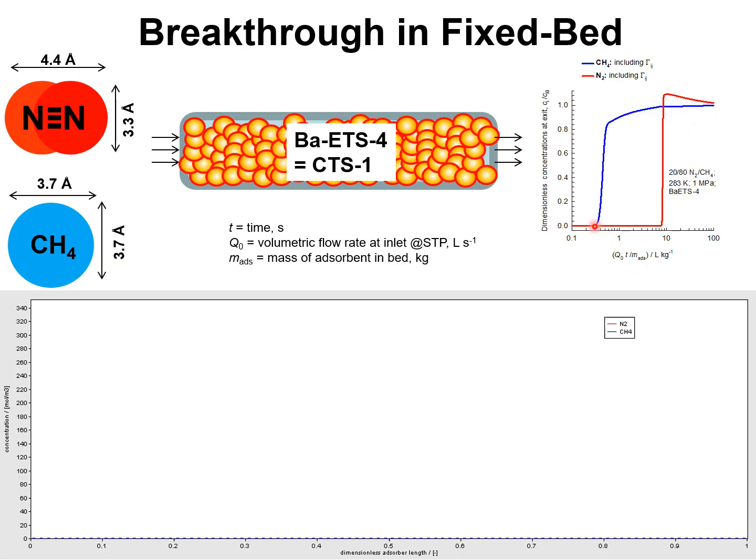Methane breaks through earlier than nitrogen, and during this time interval, purified methane can be recovered from the exit of the fixed bed adsorber. The larger the time interval, the larger is the productivity of purified methane.